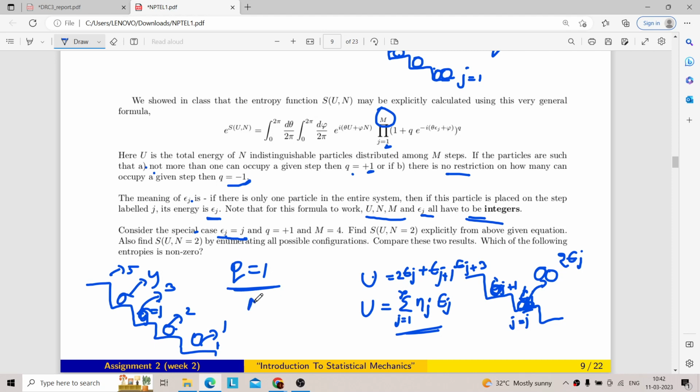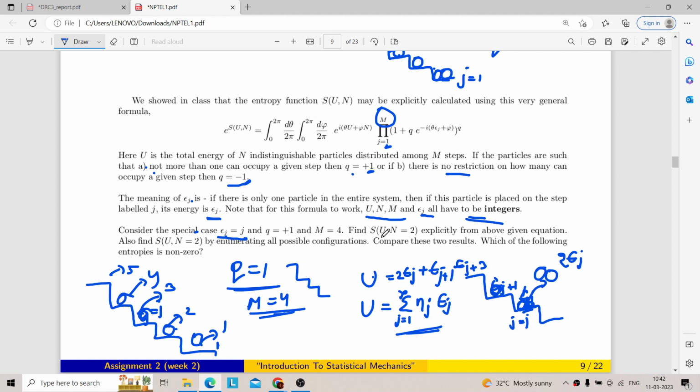And m equal to 4, that means we have 4 stairs, that means we have 4 energy levels. M runs from j equal to 1 to m, that means it represents the energy levels. So m value 4 means there are 4 energy levels or 4 stairs, whatever you like to call it.